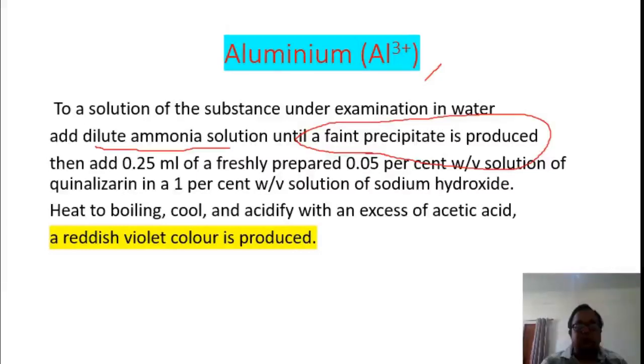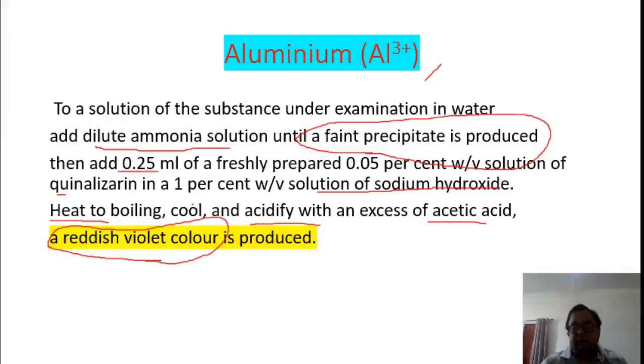After that, 0.25 ml of freshly prepared solution of quinalizarin is added, and this solution of quinalizarin is prepared in sodium hydroxide solution. This mixture is heated to boiling, cooled, and acidified with excess acetic acid. It gives a reddish violet color.